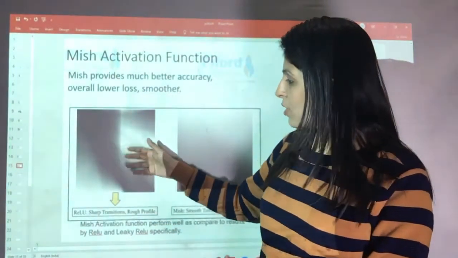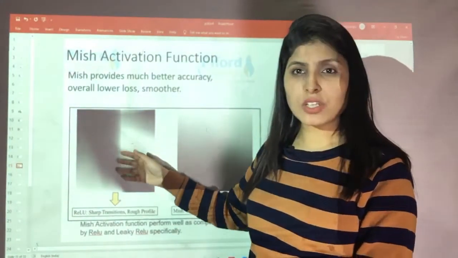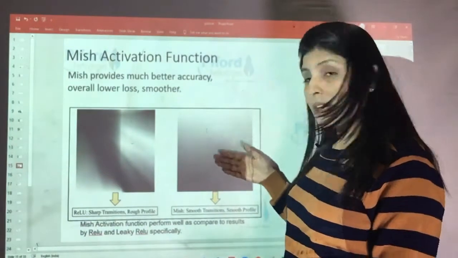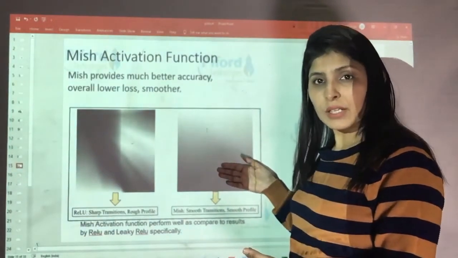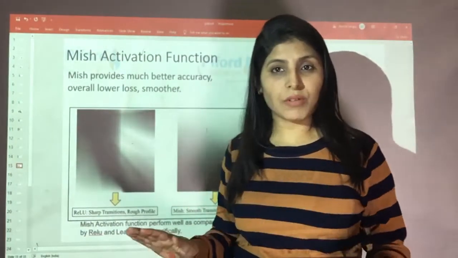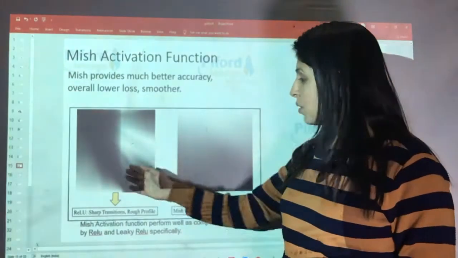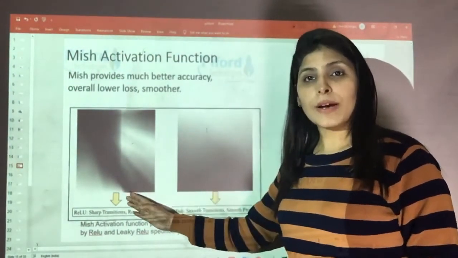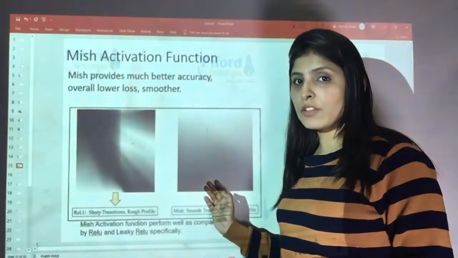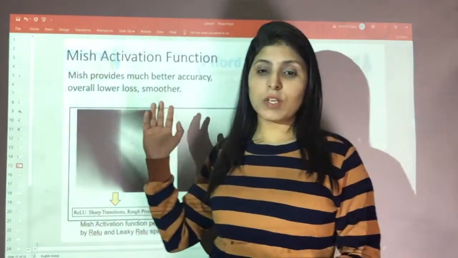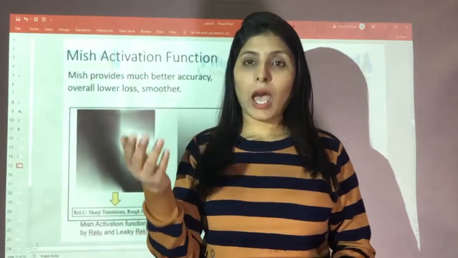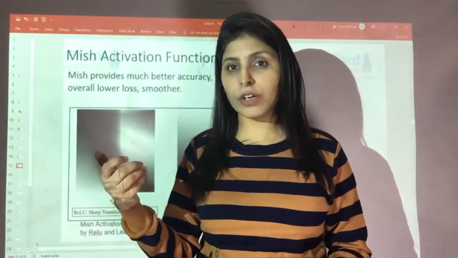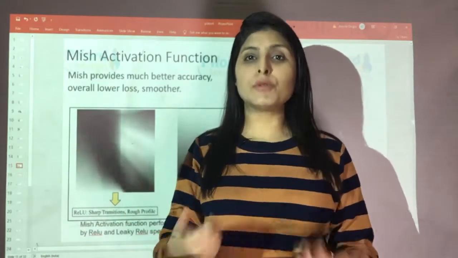The profile is very rough and the transition is very sharp, but over here we have a very smooth profile and smooth transition. You can see the difference between the output of ReLU and Mish. The Mish activation function will give you better accuracy, and the output will be smoother.